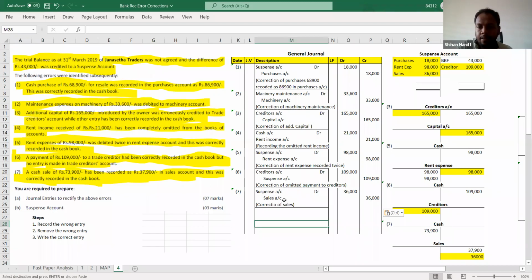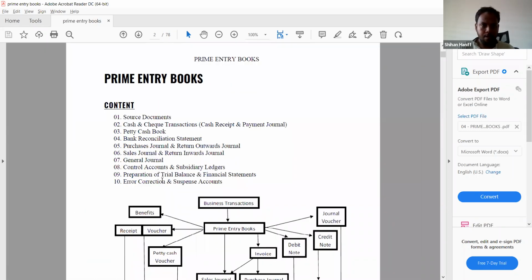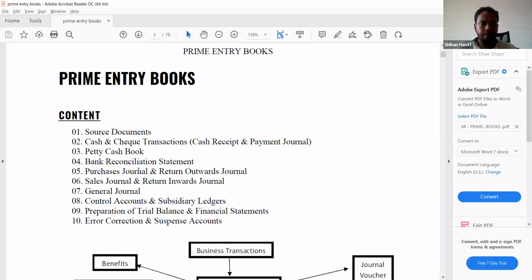Is it clear? Did you all understand how to prepare the error correction, how to prepare the general journal? All that I have done is the basic. Now, we take the fourth chapter. These are the areas.